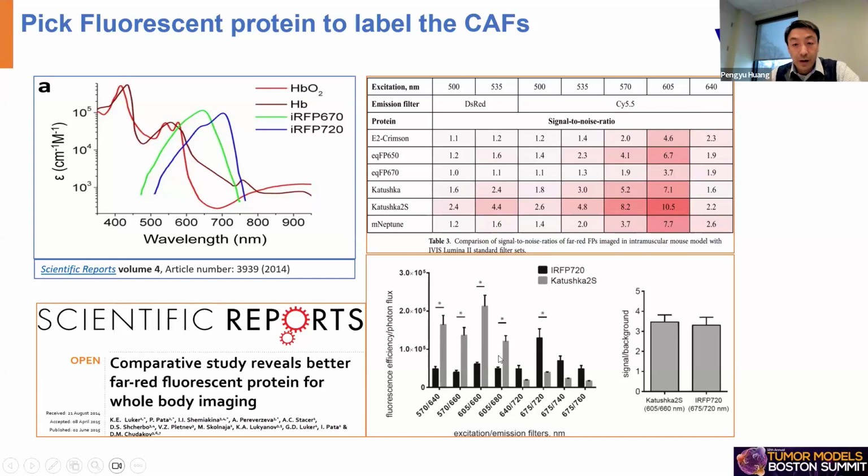This paper also compares iRFP720 with Katushka on fluorescence efficacy. You can see a lot of filter settings can give greater separation. The paper suggests 605 is good for Katushka, and 675 and 720 is good for the iRFP.